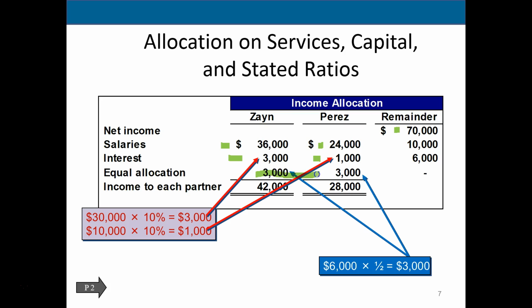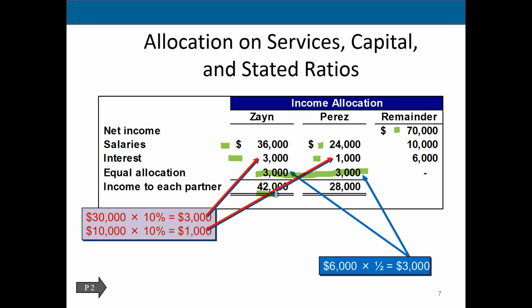Then we're going to allocate the rest evenly. So this is basically a plug. What do we need as an even allocation in order to get to the 70,000? We could think of it as having the 70 minus the 36 minus the 24 minus the 3 minus the 1, which would give us 6,000, divided by 2, or times 50%, giving us an even distribution.